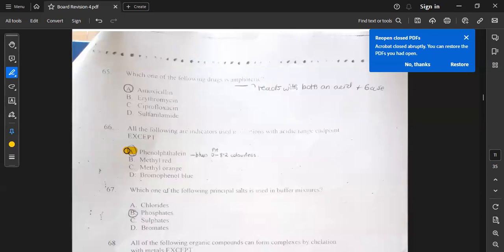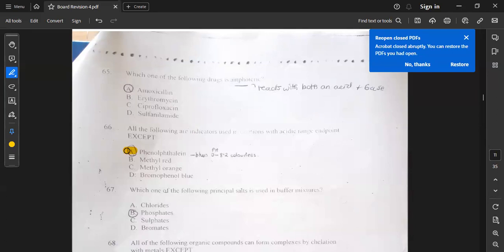Moving on to number 67. The question asks, which of the following principal salts is used in buffer mixtures? Which is the most common type of salt used in buffer mixtures? Is it chlorides? Is it phosphates? Is it sulfates?